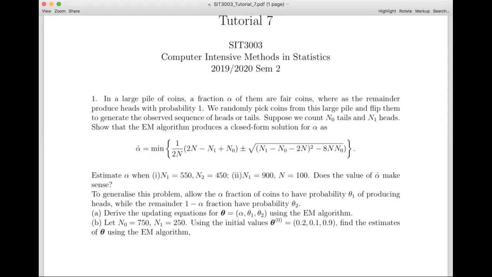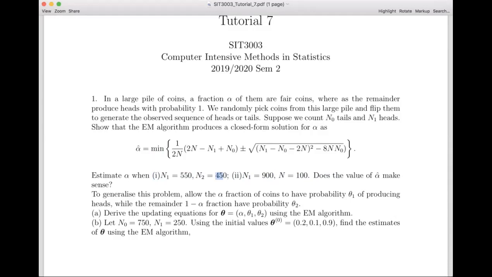And estimate alpha when this happens. So basically you just plug in, right? Okay, just plug in here. Right, then it asks you, does the value of alpha make sense, right? So you have to think about this a little bit, because over here you look at this. For example, situation one, you have 550 heads, 450 tails.